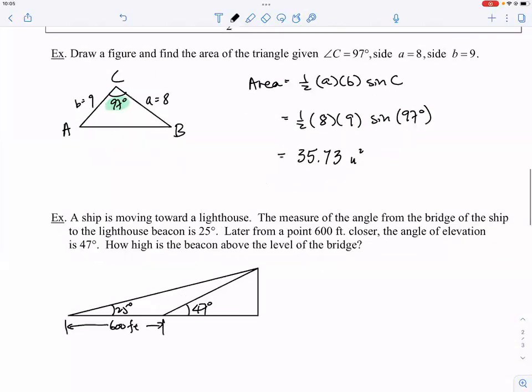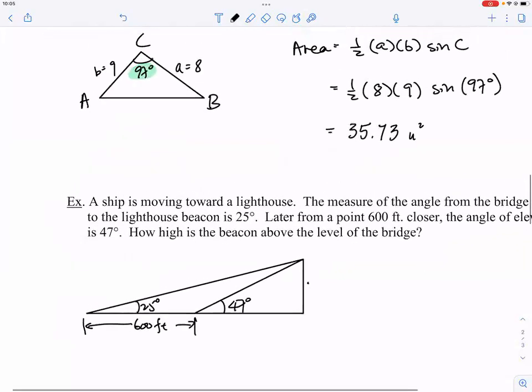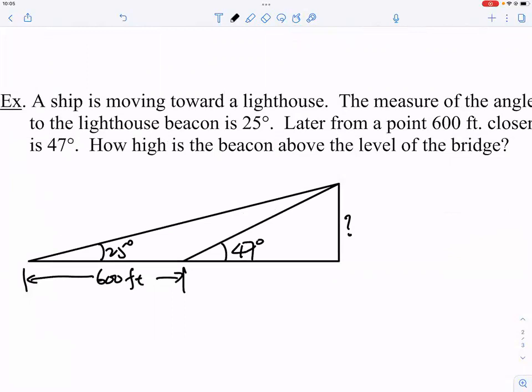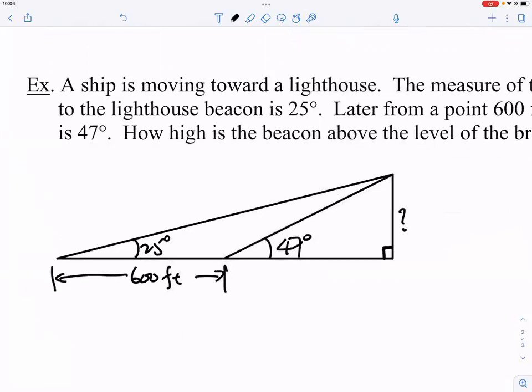So what we're interested in is this length right here, and this is a right angle. So what can we do? First, if you have this triangle drawn, can you write down all the implicit information here? Anything you can label.